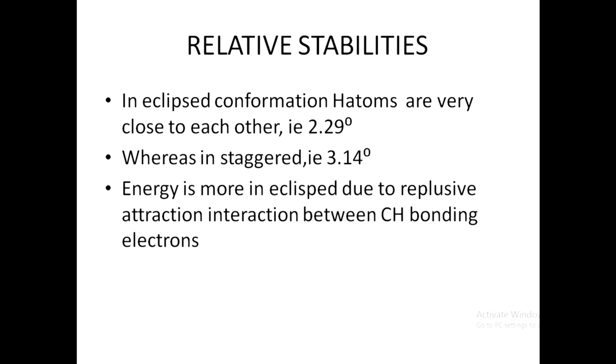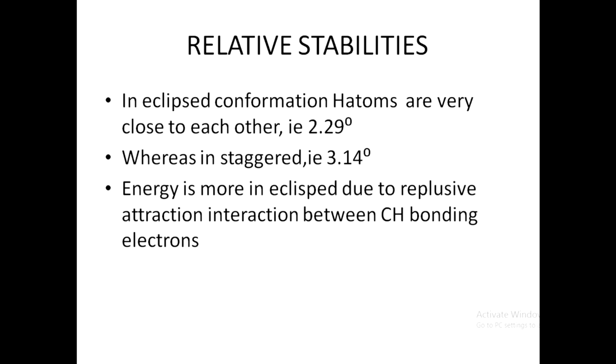Then relative stabilities. In the eclipsed conformation, hydrogen atoms are close to each other, so the value is about 2.29. Whereas in staggered, hydrogen atoms are far apart, so the value is 3.14. So compared with staggered, the energy is more for eclipsed, because of the repulsive force between the C-H bonding electrons.